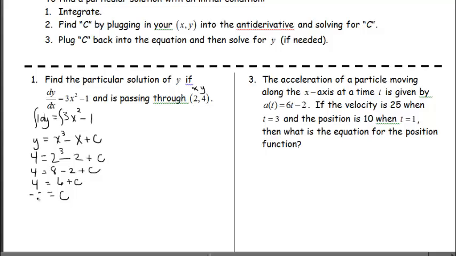It looks like I'm going to get negative 2. I'm just going to come up here. So the solution to this differential equation is this cubic. That's a solution. A solution just means the original graph given the y prime.